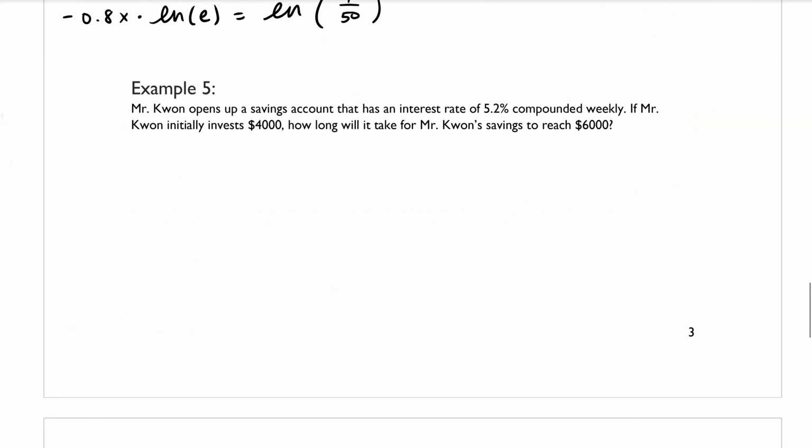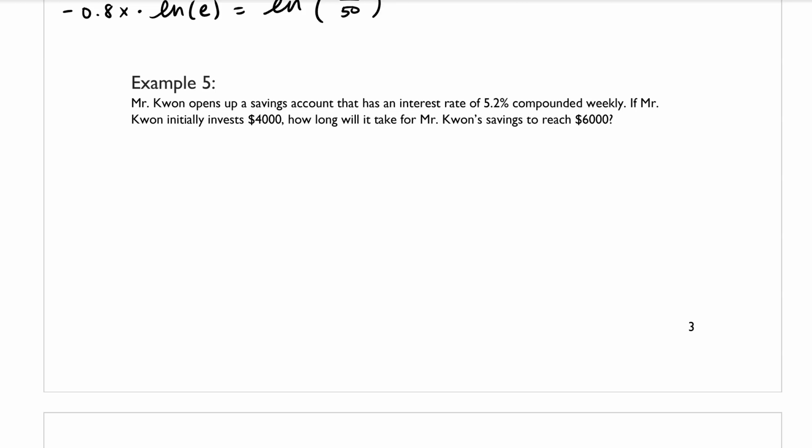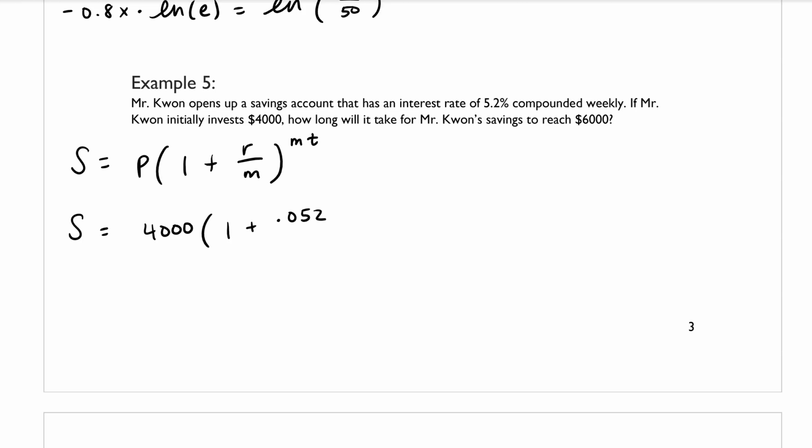So the first thing that we want to do is create our exponential function. So let me give you the formula that I gave in a previous video. S is equal to P times 1 plus R over M to the power of M times T. So S is equal to, P is our principal amount, or the amount that we initially invested, times 1 plus R, our interest rate as a decimal, so that's going to be 0.052, divided by M, which represents the number of times we are compounding in a year.